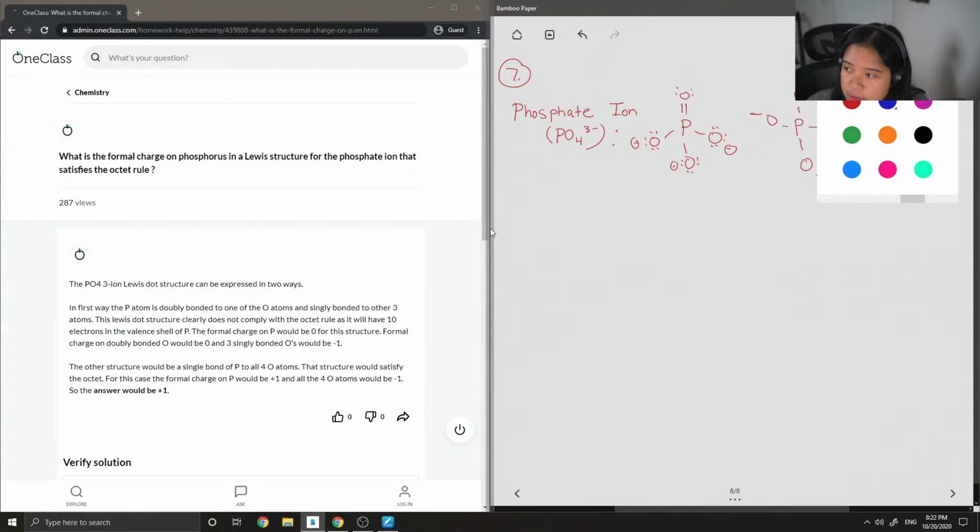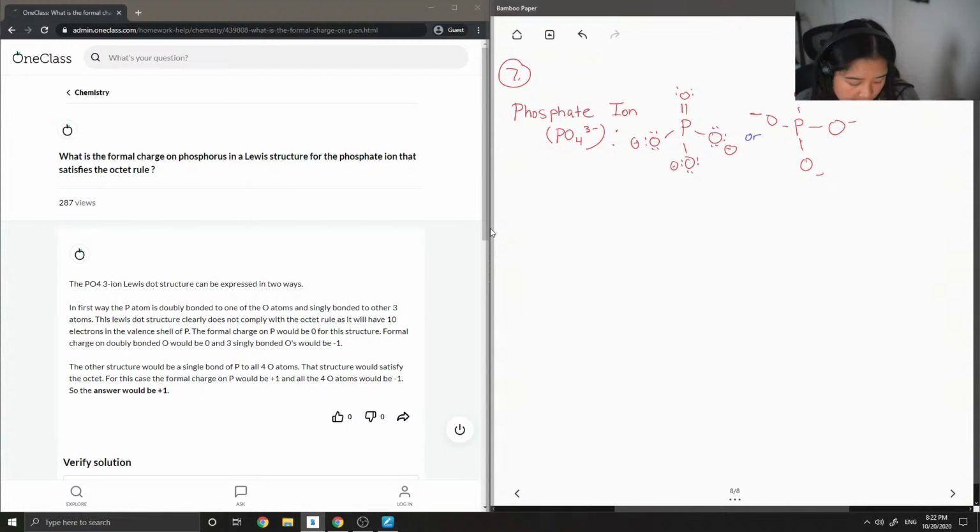So just out of curiosity, let's calculate the formal charge. I'll call them phosphate ion A and phosphate ion B. So let's calculate the formal charge of phosphate ion A. The equation for formal charge is equal to the number of valence electrons minus the number of bonds.